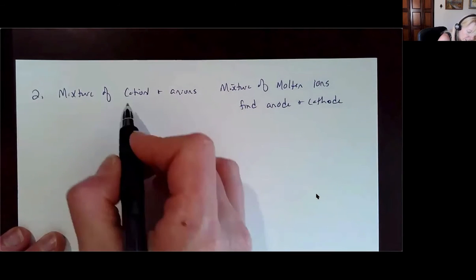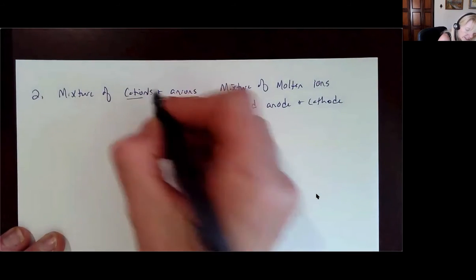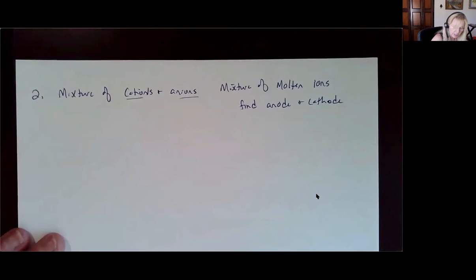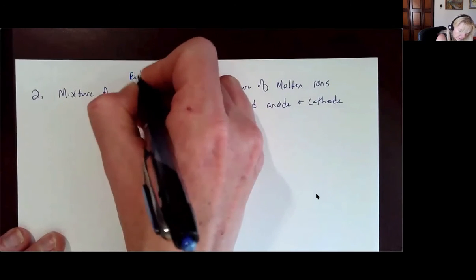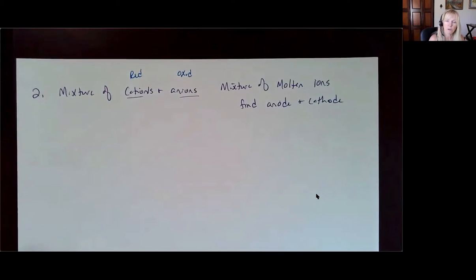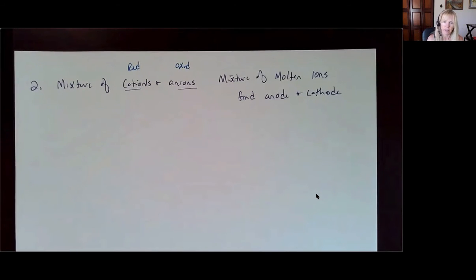So if I have a mixture of cations and anions, I know that anions are always going to be oxidized, cations are always going to be reduced, but if I have a mixture, one is going to be preferentially reduced over all the other cations in that solution, and one anion is going to be preferentially oxidized over all the other anions in solution.